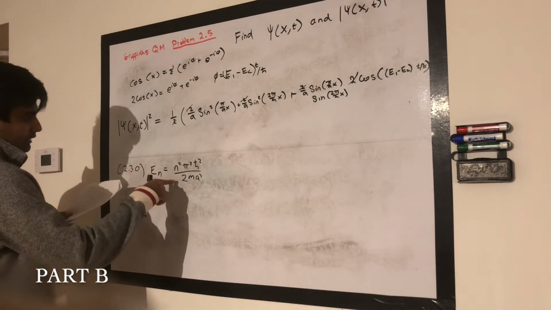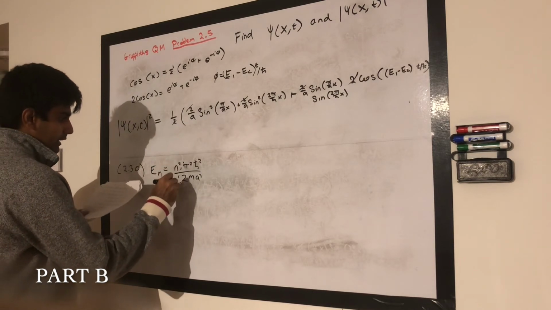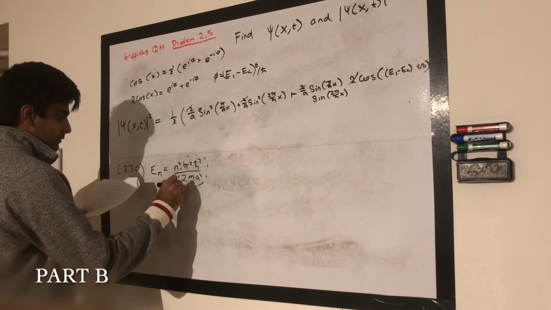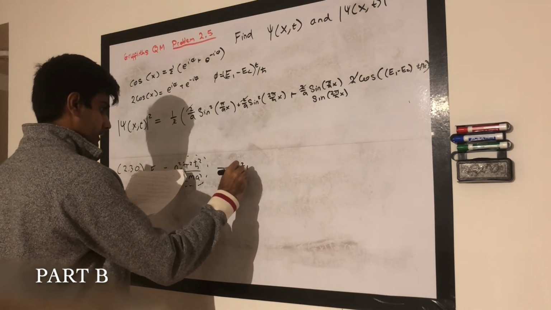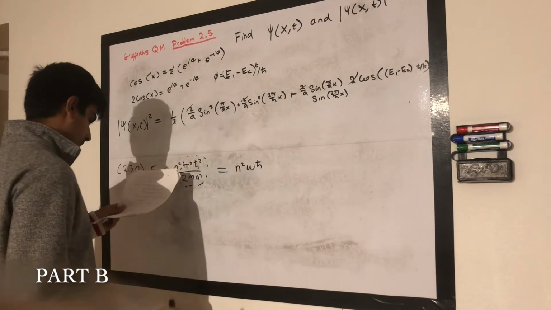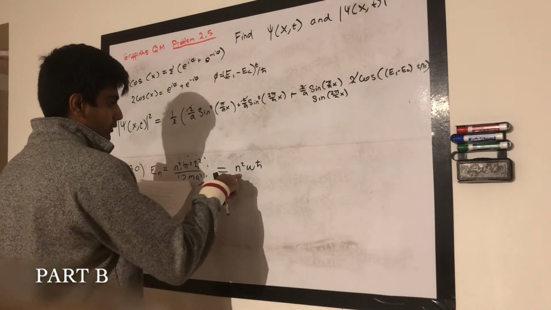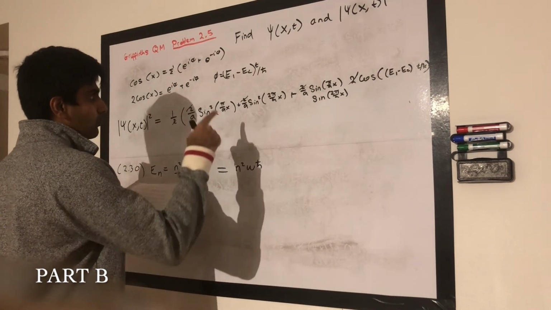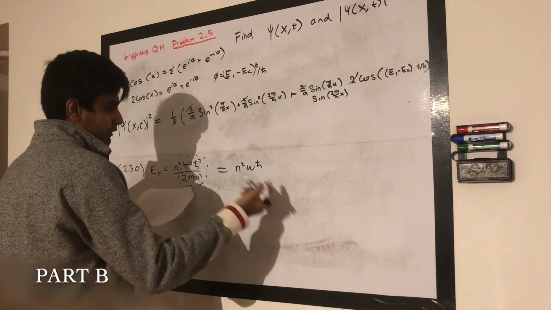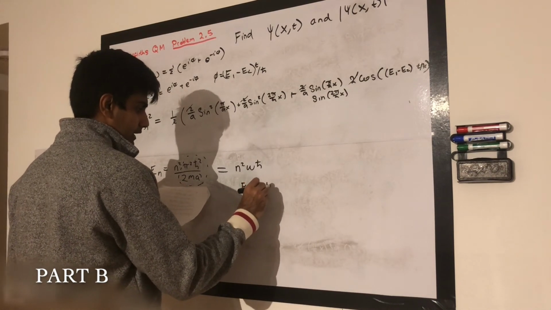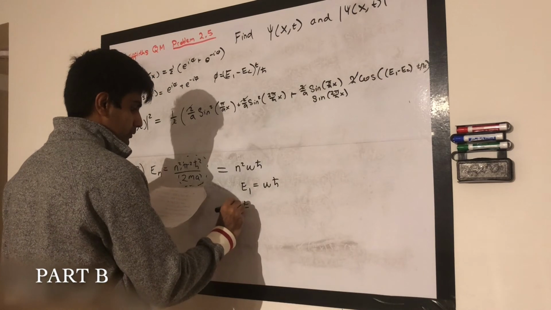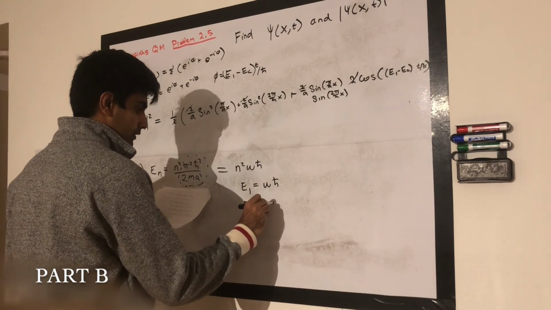Notice that this section here is actually just omega. So then we can write that equal to n squared omega h bar. And therefore, when we set our n's to be 1 and 2 for the two states we have, we find that E1 is equal to omega h bar, and E2 is equal to 4 omega h bar.